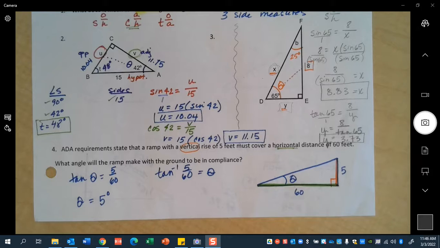I'm asking you, how steep is this ramp? What is the degree pitch of this ramp? Because I have my opposite and adjacent, I'm using my tangent. That tangent ratio compares opposite and adjacent. Somebody a long, long time ago measured all of those scale factors for every single degree measure.